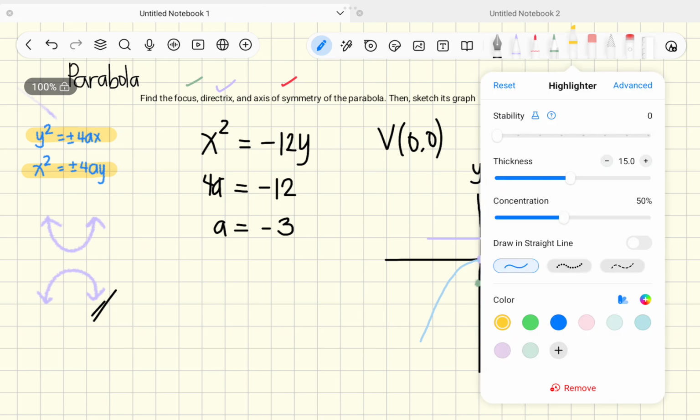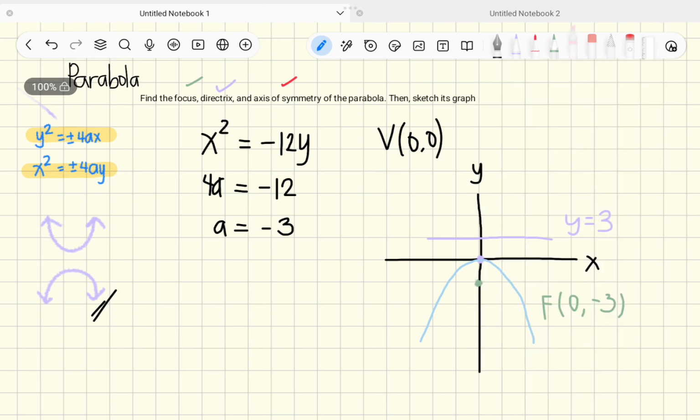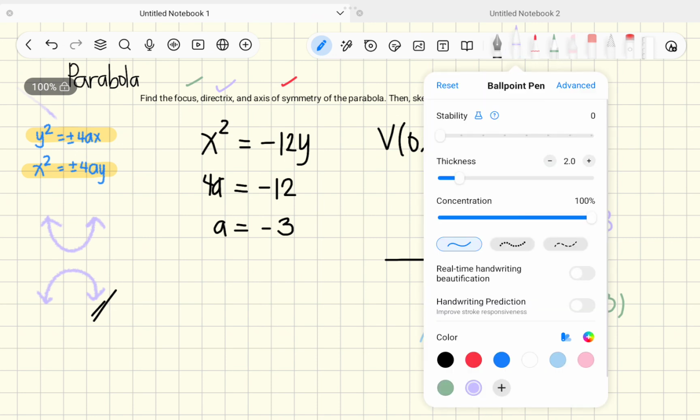So we know that your parabola is facing down, so the turning point is at the origin. The axis that serves as the mirror of your parabola is your y-axis. Okay, so your axis of symmetry is the y-axis.